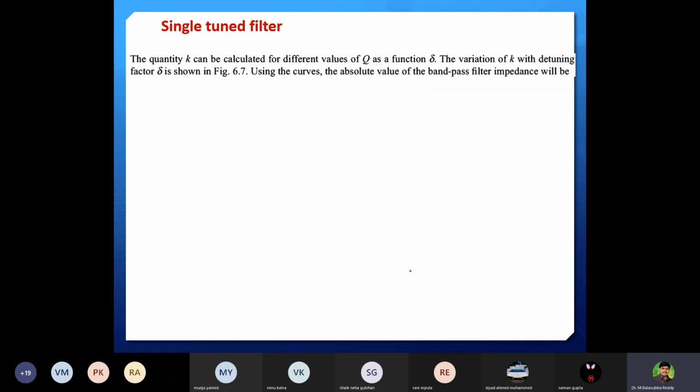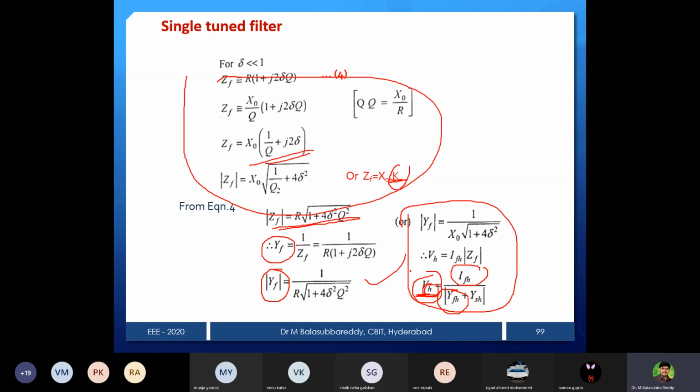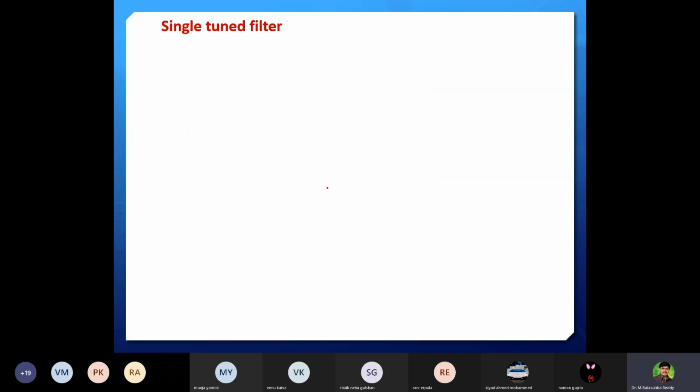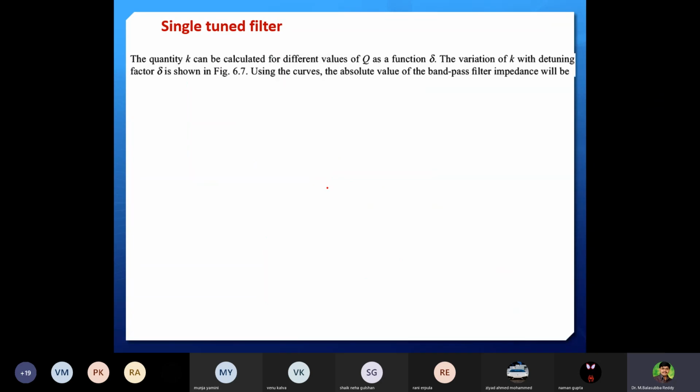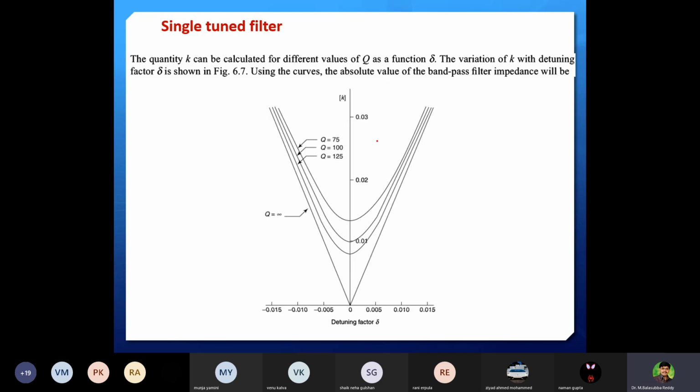And in this quantity, K is nothing but something constant. I replace this factor, root of 1 by Q squared plus 4 delta squared, with K, and K can be calculated for different values of Q as a function of delta. We will see the variation of K with the detuning factor delta in that expression.